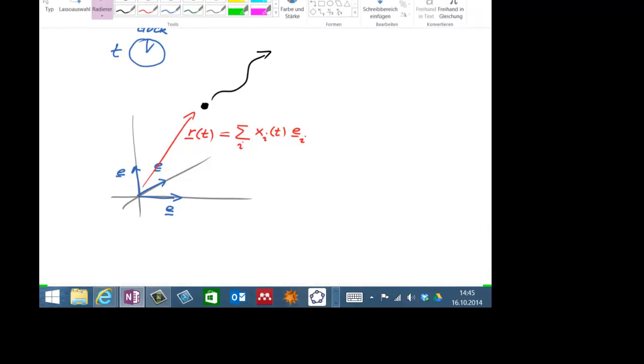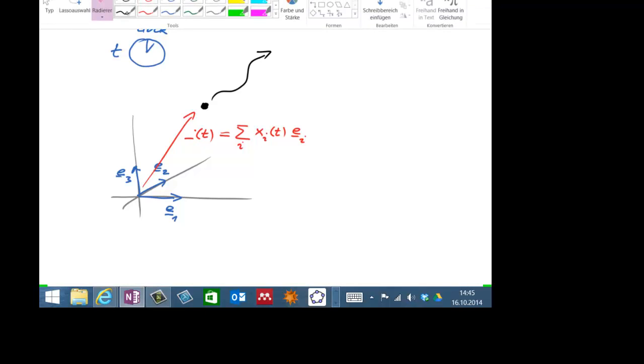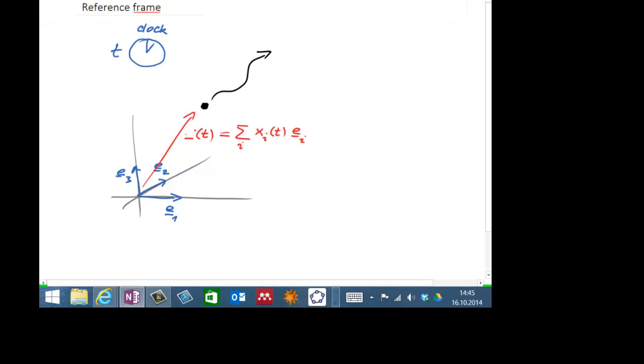That suits me a little bit better. 1, 2, 3. Because I would like to denote the position vector by x of t. Then i goes from 1 to 3. And I write this in this way.